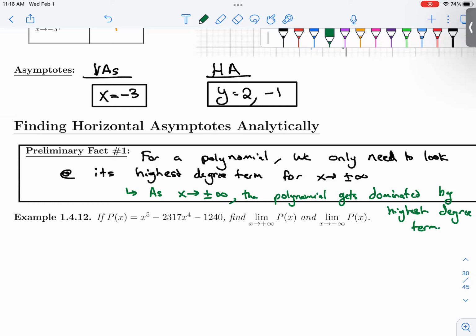So we're going to do a problem showing you what I mean, and then I'm going to explain why. So that's an important fact for polynomials. And this is only for limits at infinity. So limit as x approaches positive infinity or negative infinity. None of the other factors matter. It's just the highest degree term.